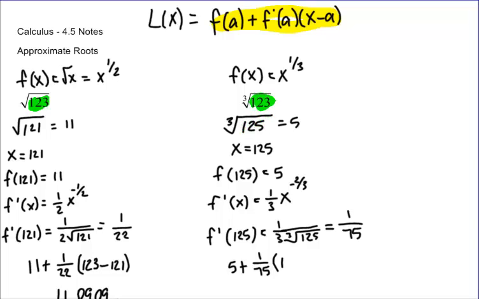So that's going to be 123 minus 125. And then when you work this math out, you're going to get 4.973. And again, this is an approximation of the cube root of 123, which makes sense because the cube root of 125 is 5.